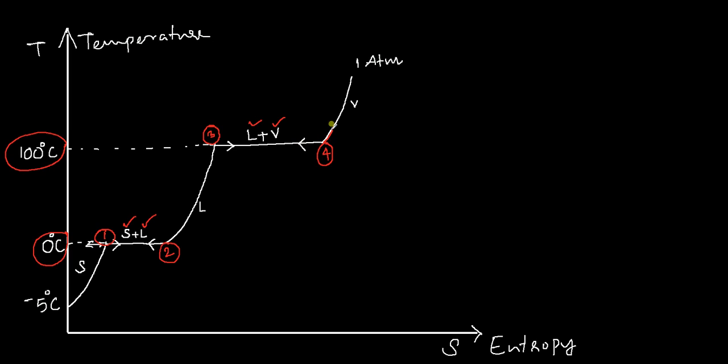So you have 101, and you can increase as much as you want the temperature of vapor. And in this region, the vapor is called superheated steam. So anywhere above 100 degrees C at 1 atmosphere, the steam is called superheated.